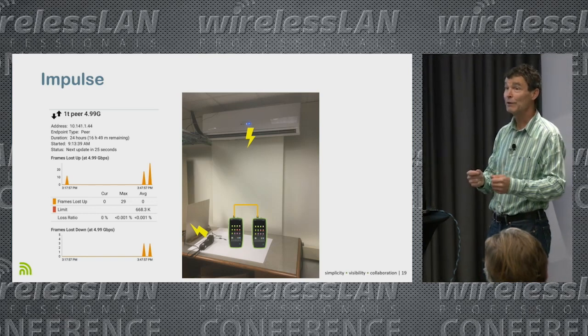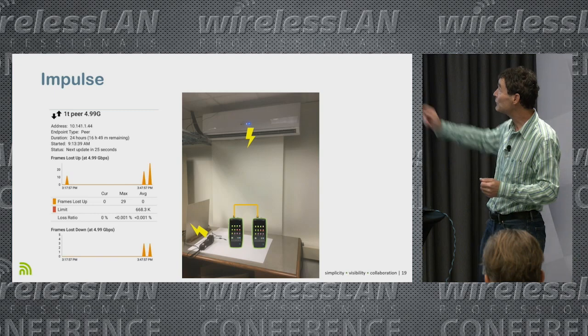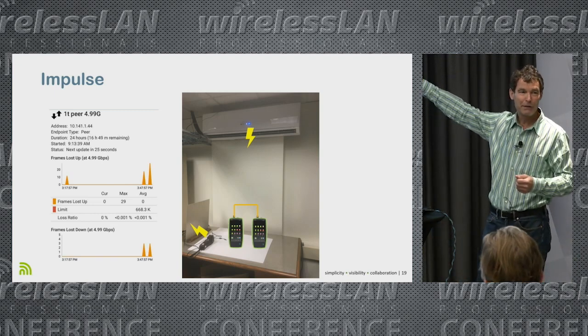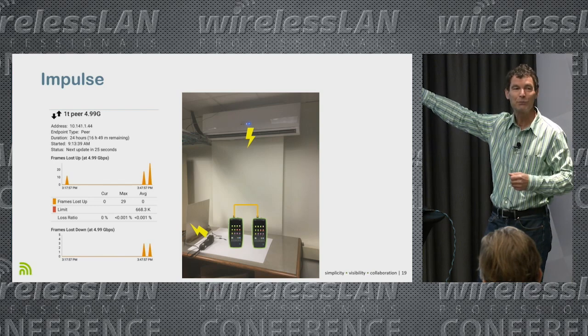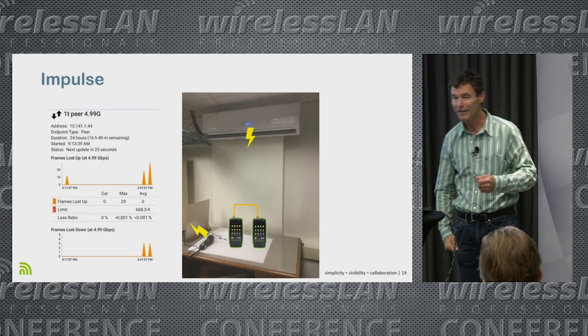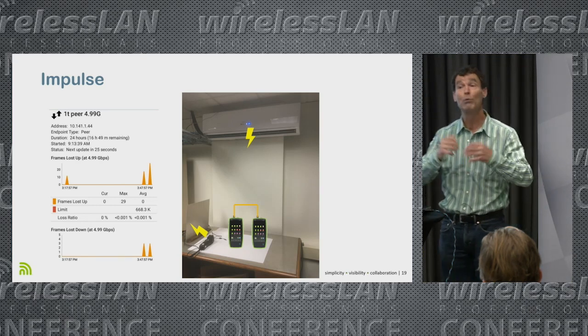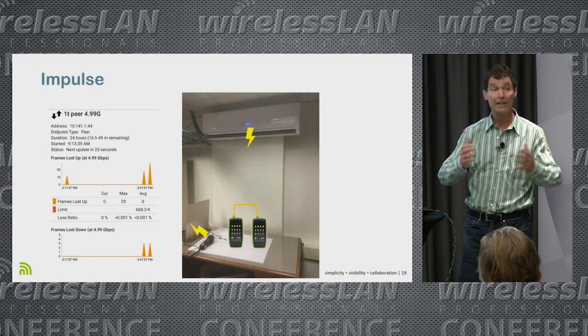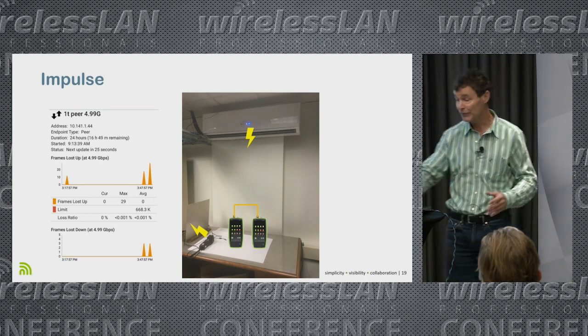What kind of surprised us, quite happenstantially, was there was actually an air conditioner up above this table. And a couple times we saw the loss when we didn't spark it, and we're like, what the heck? Turns out it was that air conditioner turning on and off periodically, so you can get motor impulse. So as you're deploying your new fancy access points, keep an eye out for impulse noise if you're seeing any loss.